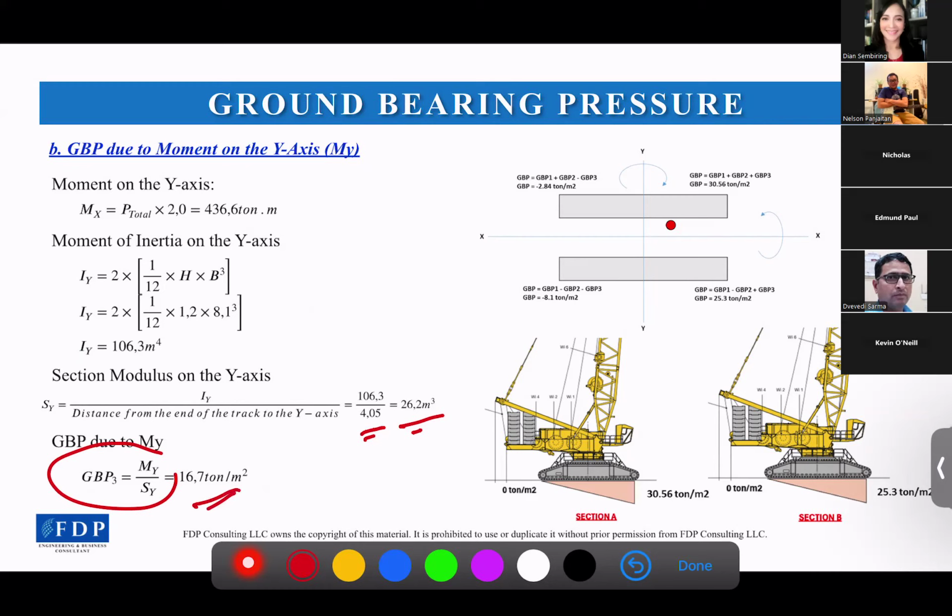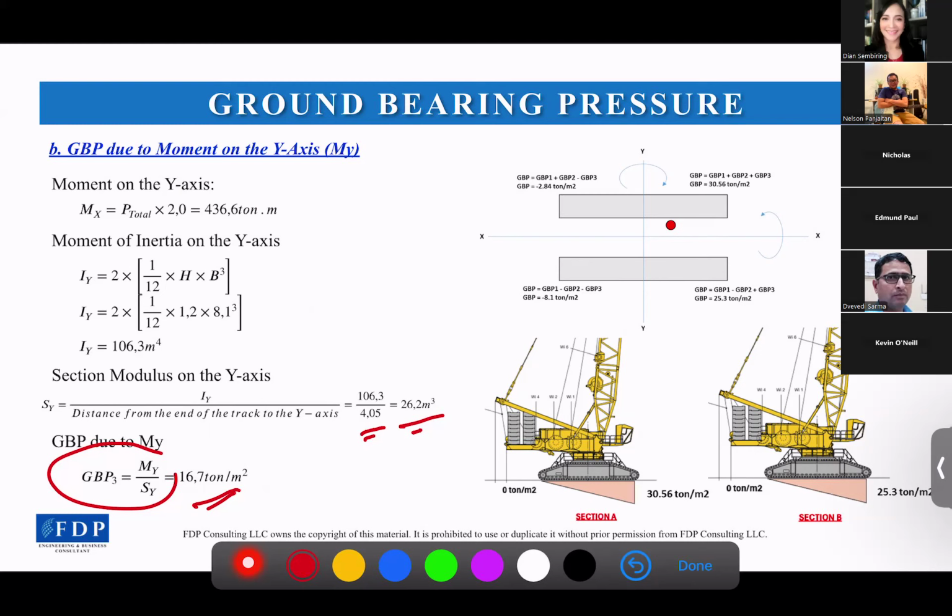Now, after we get all these three things that impact the ground bearing pressure, we can combine all of them together. To combine them, we need to know where the COG location is.